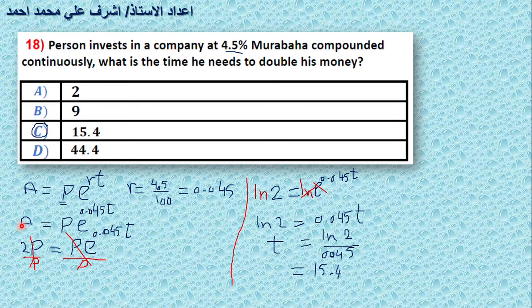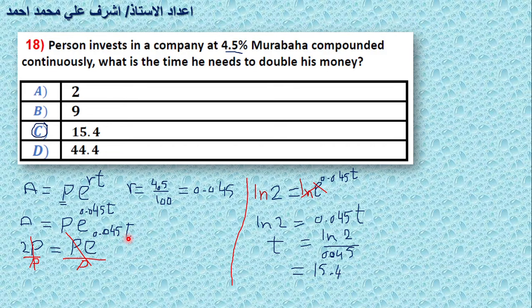So our formula is A equals P times e to the power 0.045T. Okay, he needs to double his money. His principal amount is P, double is 2P, so the final amount is 2P. 2P equals P times e to the power.